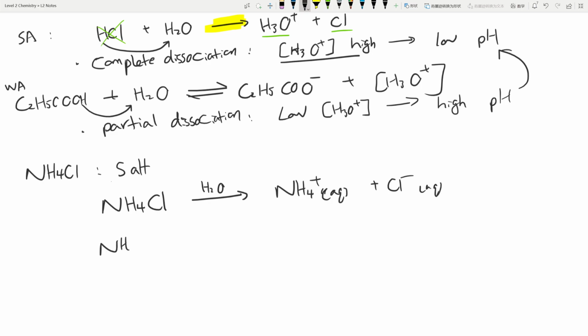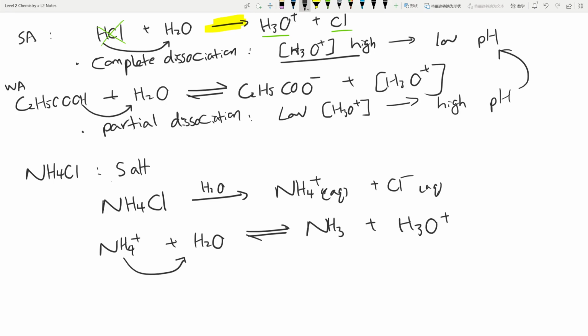Then your NH4+, which is the conjugate acid of NH3, partially dissociates, giving one of its H's to the H2O, so it becomes NH3 plus H3O+.